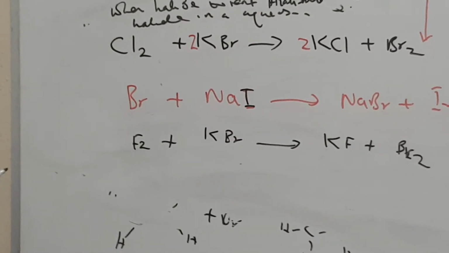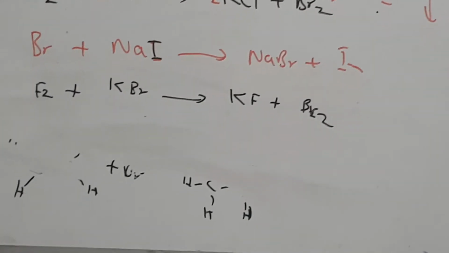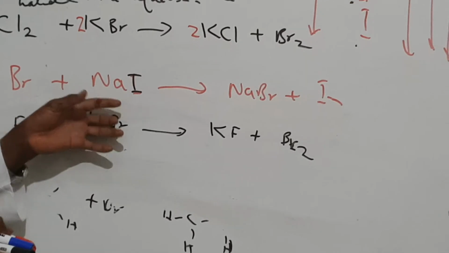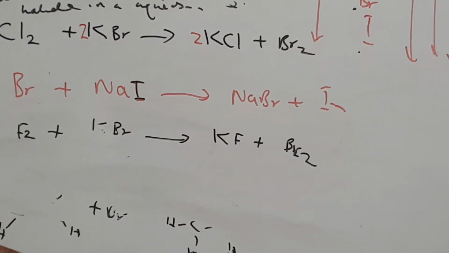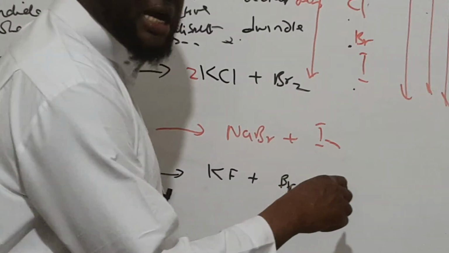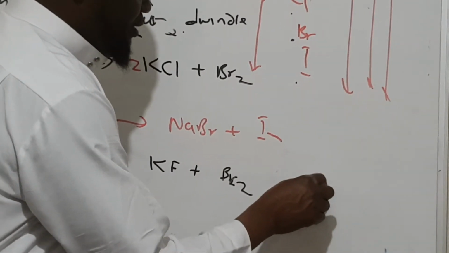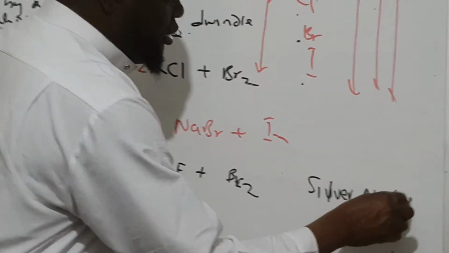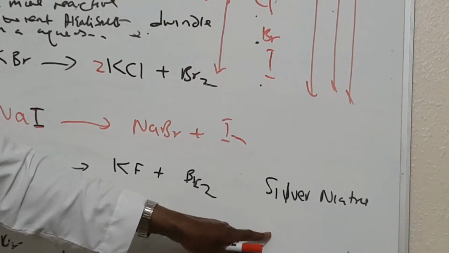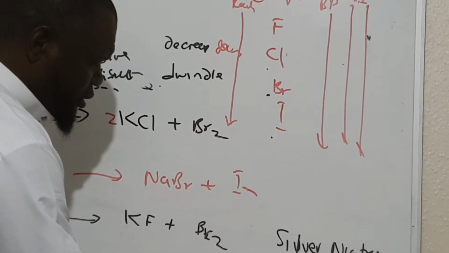And I remember last year, when we were testing for ions, testing for halides, we used a compound called silver nitrate.